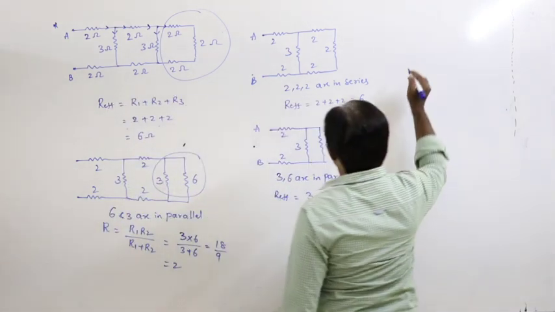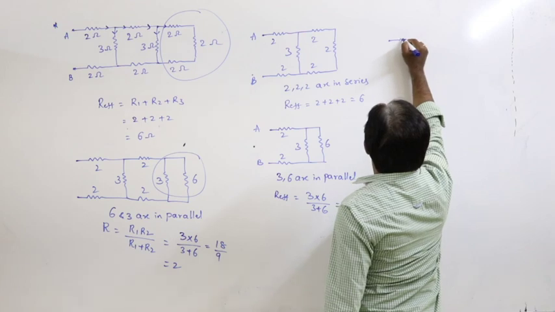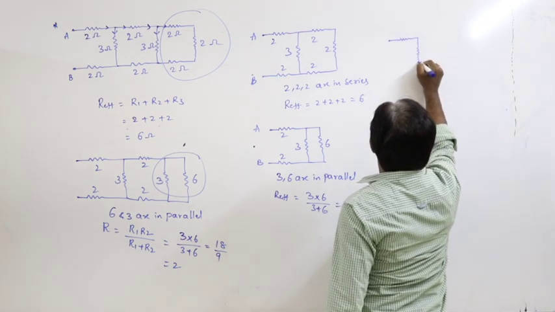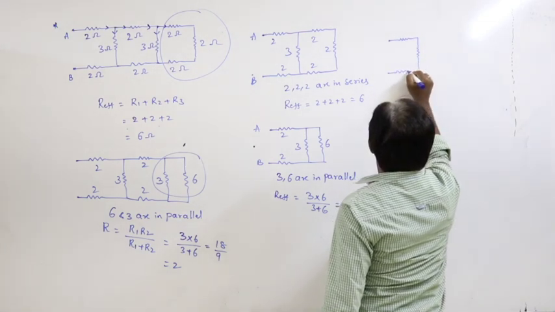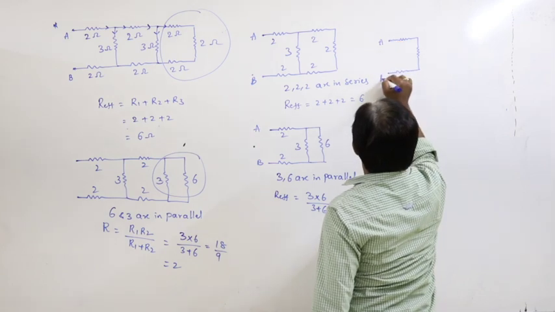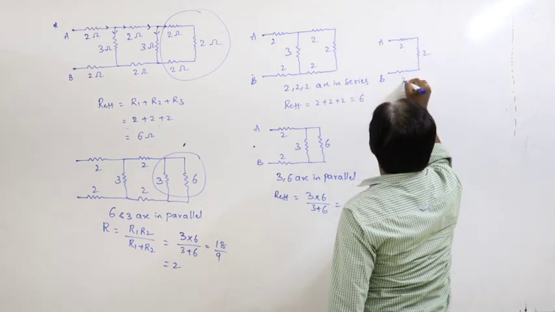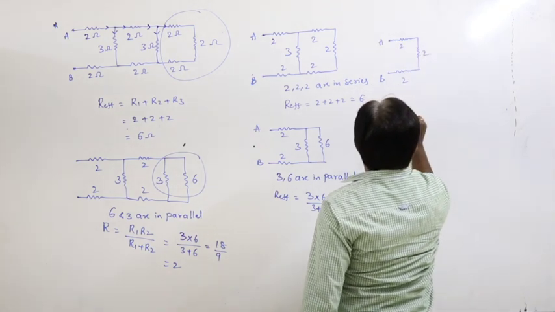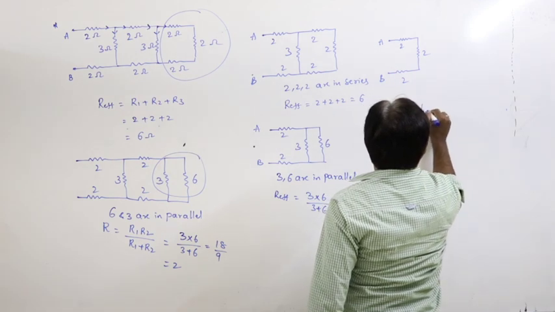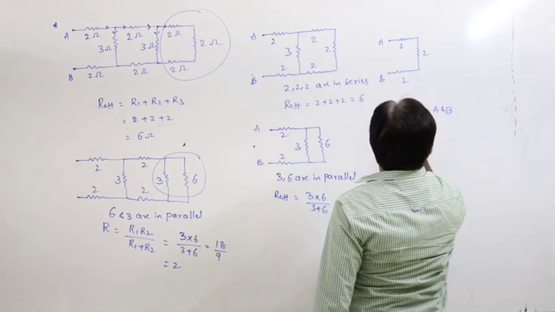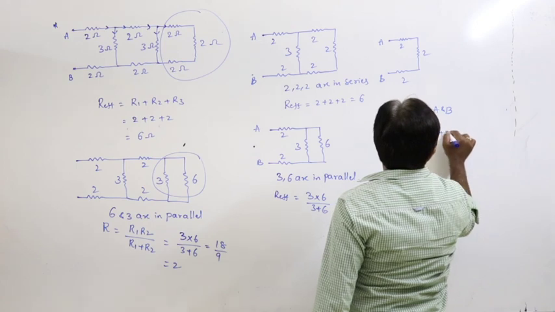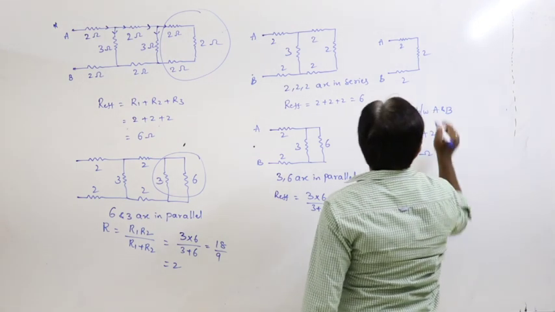So again this system becomes like this. This is A and this is B. 2 ohms, 2 ohms, 2 ohms. Therefore, R effective between A and B is equal to 2 plus 2 plus 2, that is equal to 6 ohms.